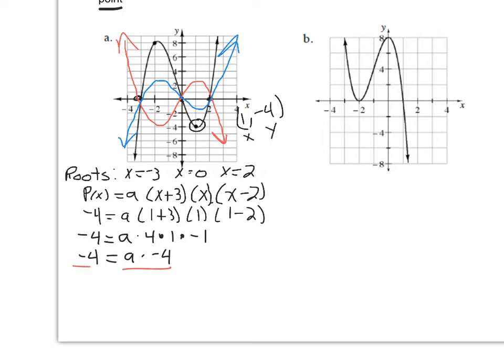Divide both sides by negative 4, and a comes out to be 1.